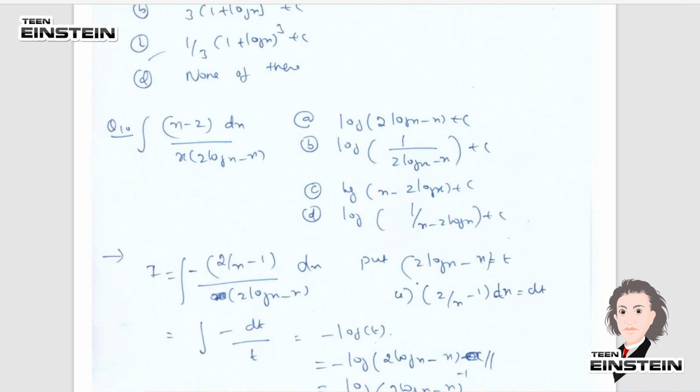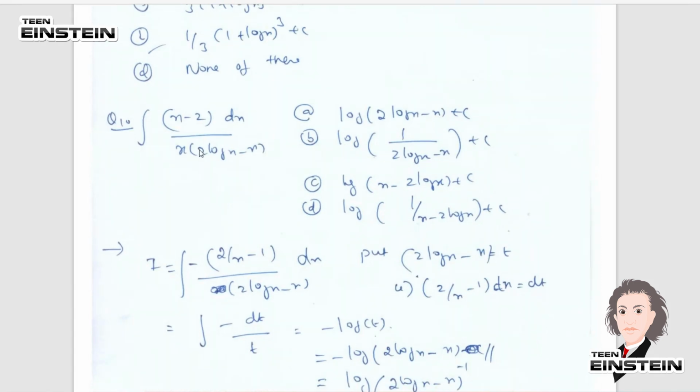So the last problem: integral of x minus 2 upon x into 2 log x minus x dx. Four options are given. We have to choose the correct option. First, simplify this term. The numerator is x minus 2 and the denominator is x into 2 log x minus x.